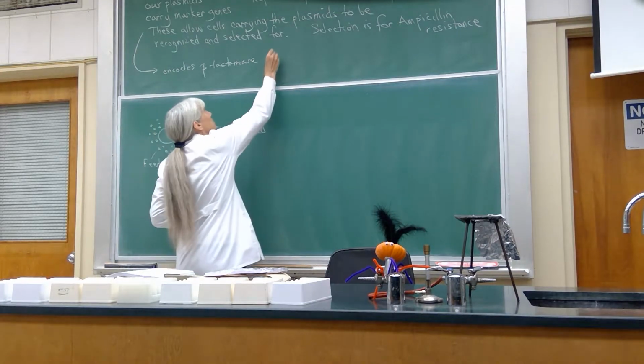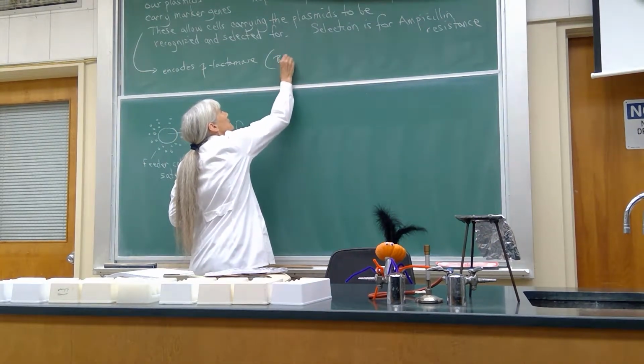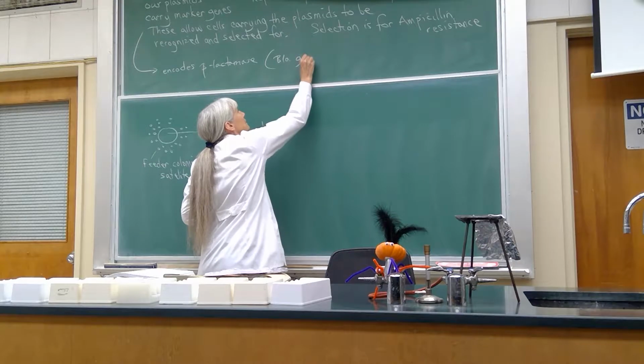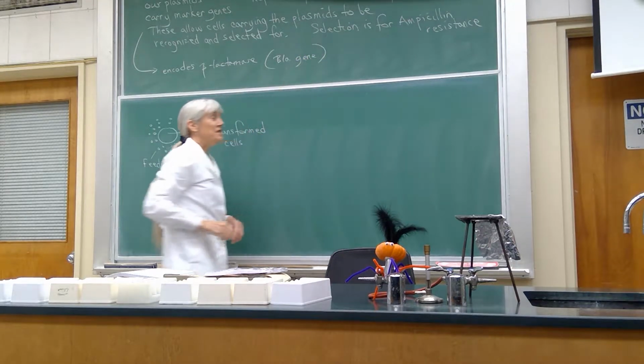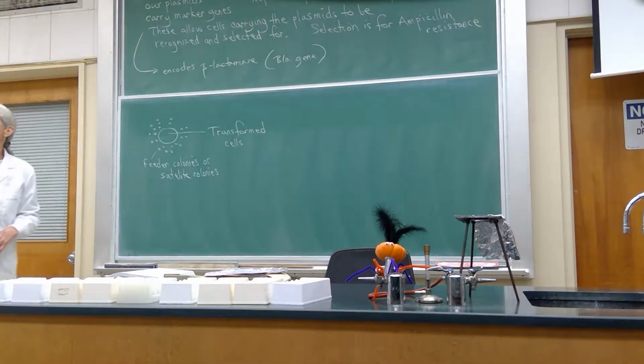It's actually called the BLA gene. So the marker gene is the BLA gene, and BLA stands for beta-lactamase. What do you suppose beta-lactamase does? It breaks down beta-lactam antibiotics. And ampicillin is one, so it breaks down ampicillin.